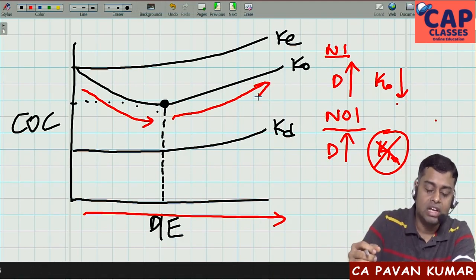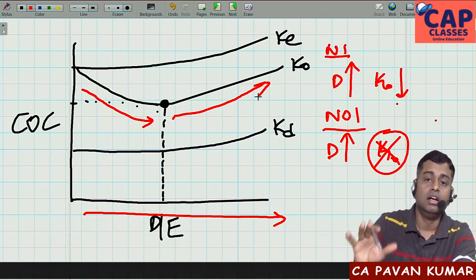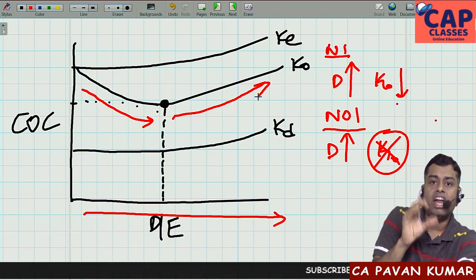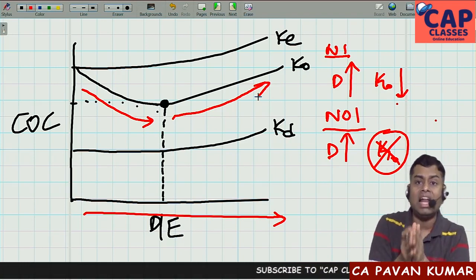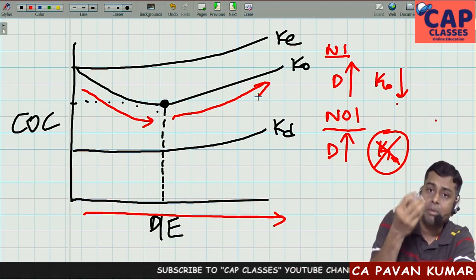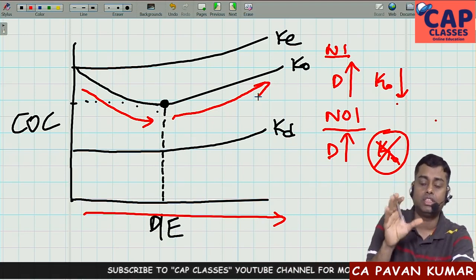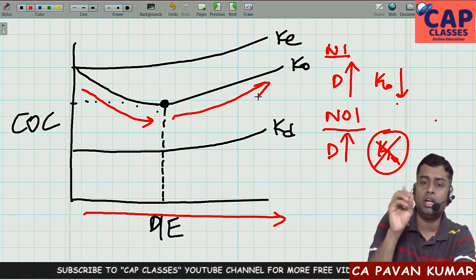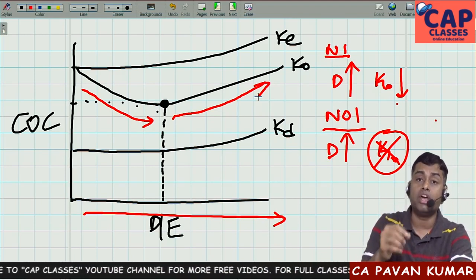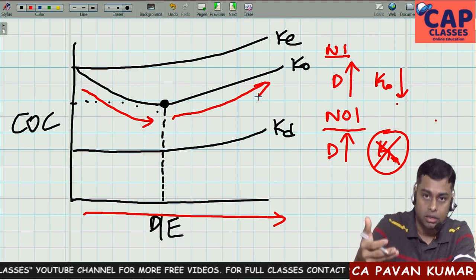Why so? Traditional approach says, initially when you start using debt from zero debt, imagine you are an unlevered firm with zero debt, you started using debt, maybe 10%, 20%, 25% of your total capital employed, 30, 40, till then KO falls because net income approach holds good.